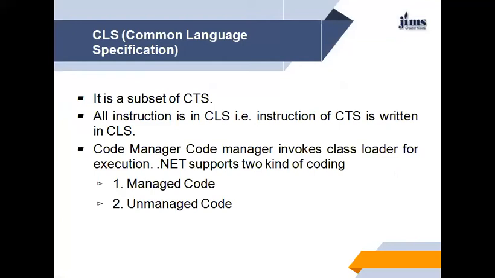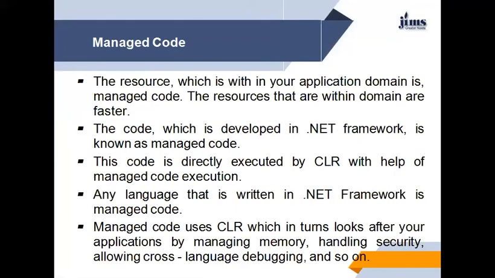NET supports two kinds of coding. One is called managed code and another is called unmanaged code. So first of all, we will see managed code. We have also discussed managed code earlier. Let's just redefine it. The resource which is within your application domain, that is managed code. The resources that are within the domain are faster.